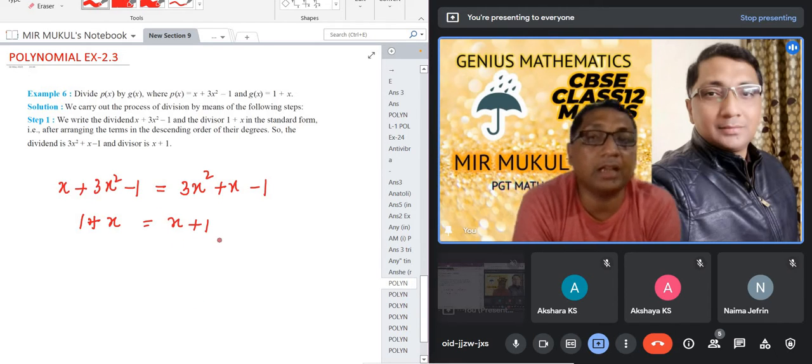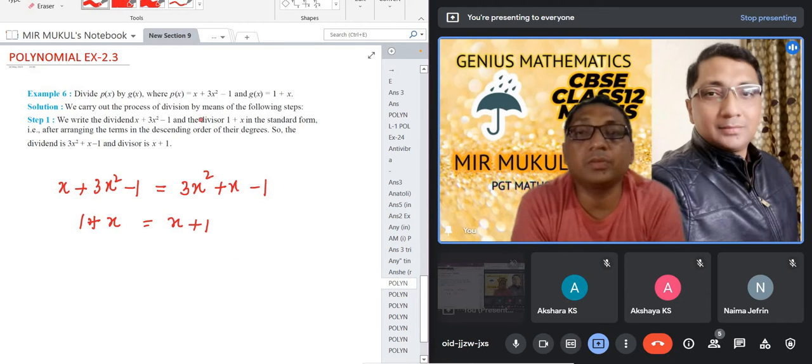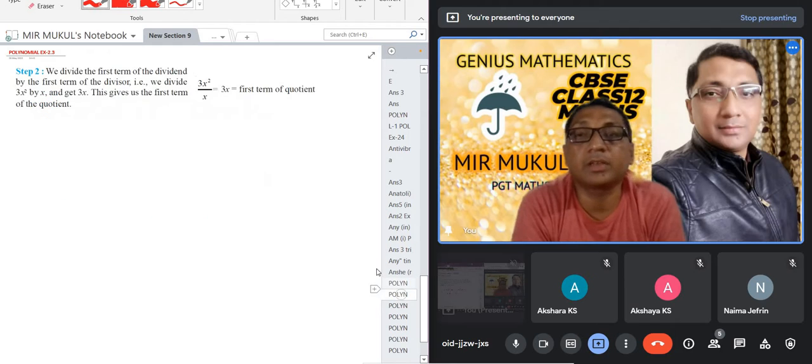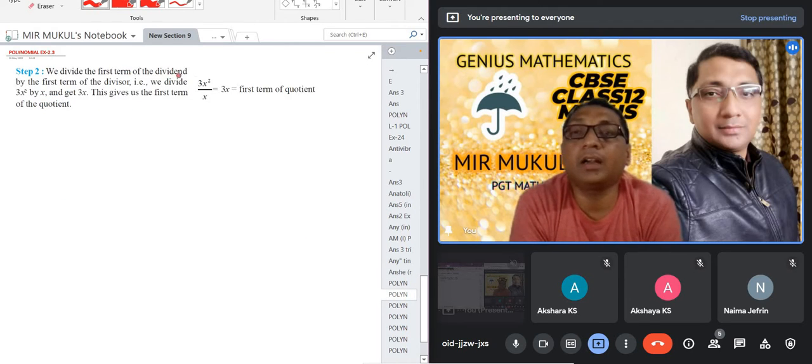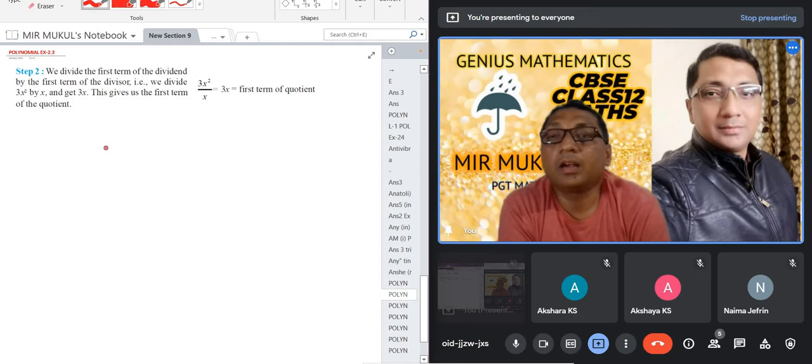First the highest power, then it will be in decreasing order. Understood? Second concept: we divide the first term of the dividend by the first term of the divisor.